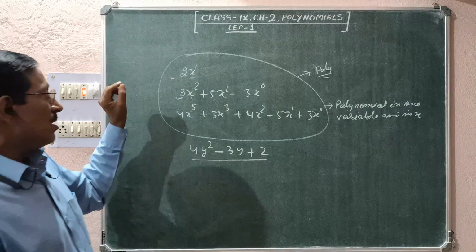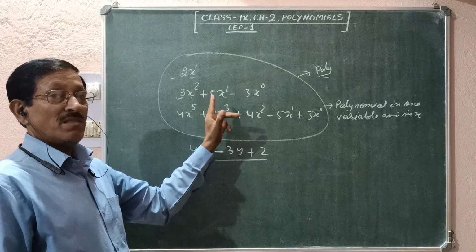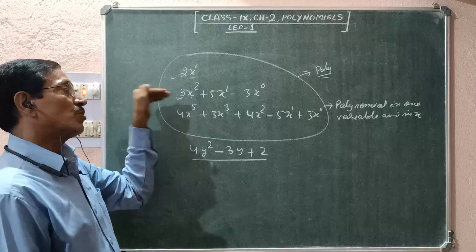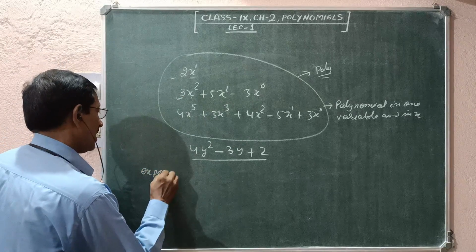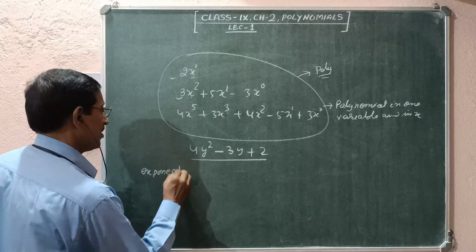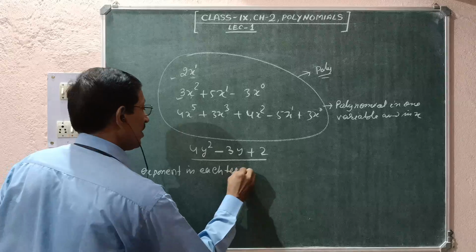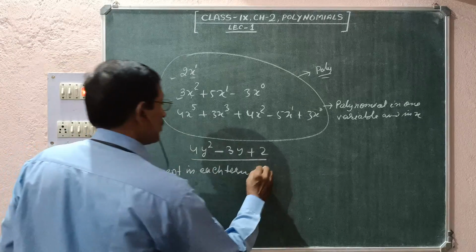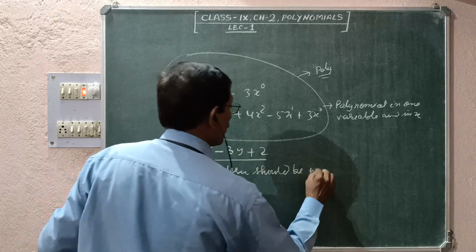If the exponent of the variable in each term, not any single term, in each term should be a whole number. Not even one term should fail. Exponent in each term should be a whole number.